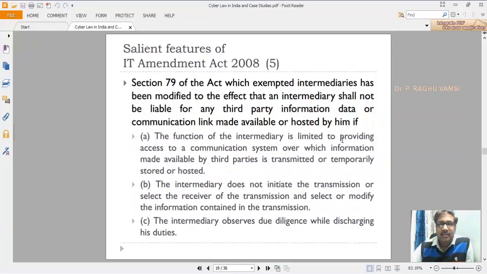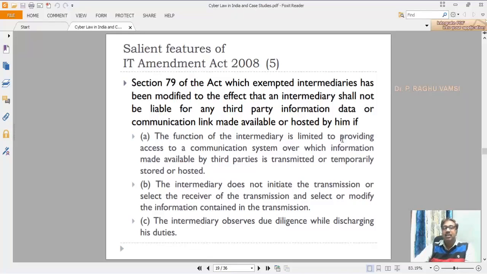Section 79 of the Act, which exempted intermediaries, has been modified to the effect that an intermediary shall not be liable for any third party information, data, or communication link made available or hosted by him, or if the function of the intermediary is limited to providing access to a communication system over which information made available by third parties is transmitted or temporarily stored or hosted.